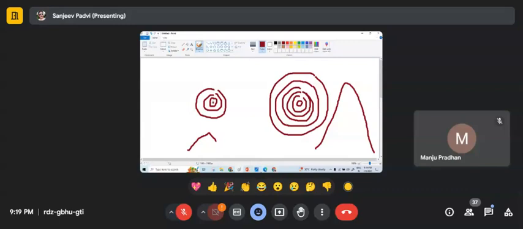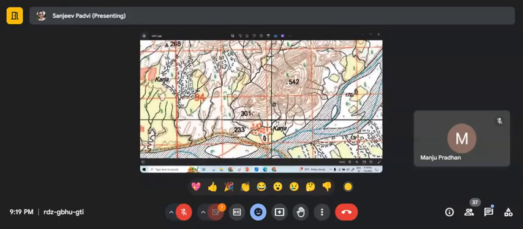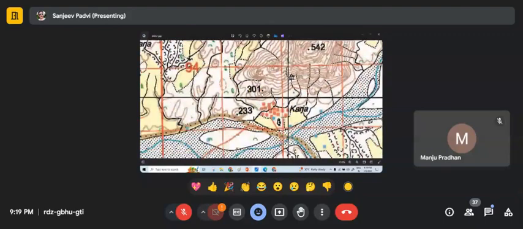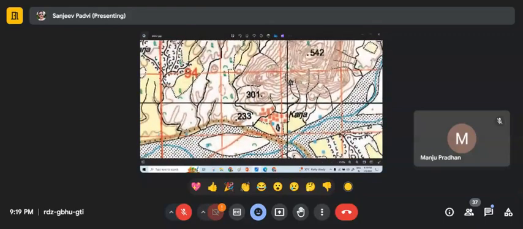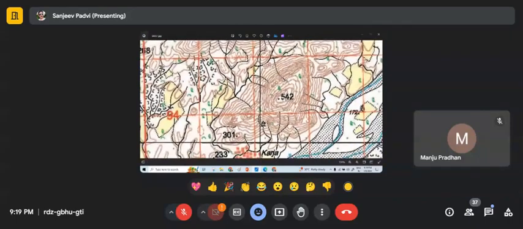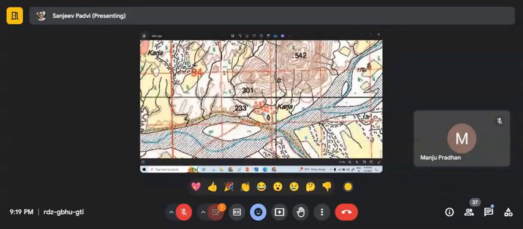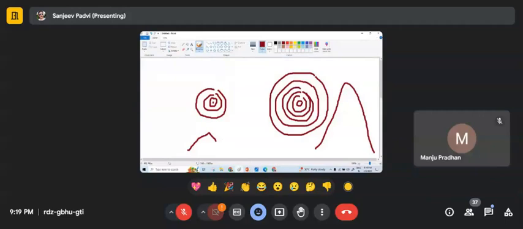Remember now something interesting. Look at this picture. If you find the number, see this 233. Here number is 301. Here number is 542. If the number is less than 300, then it is called as hillock.